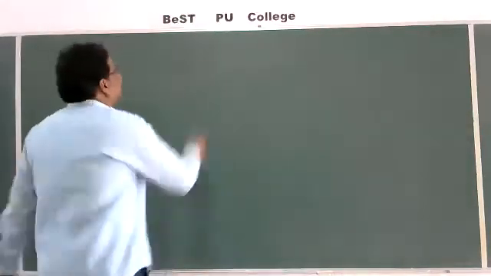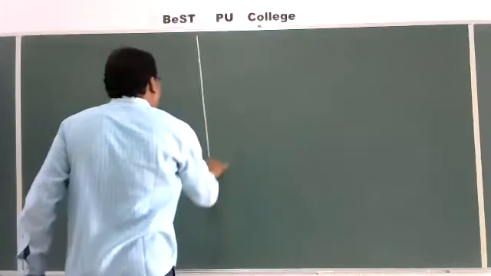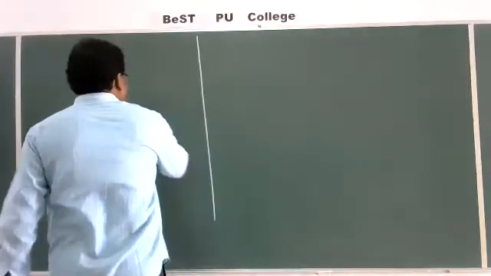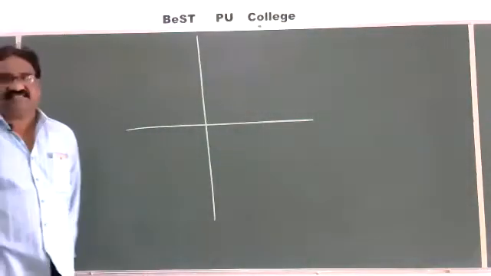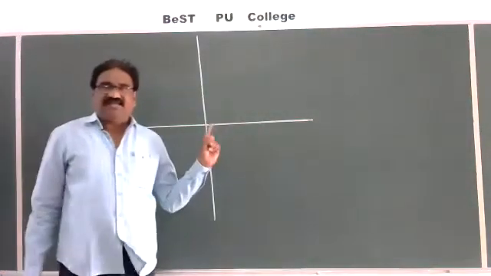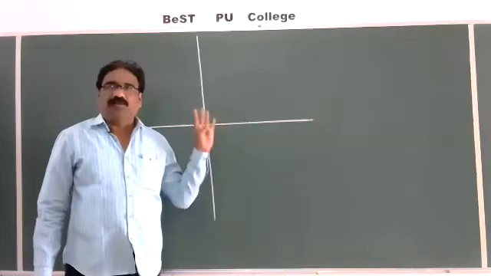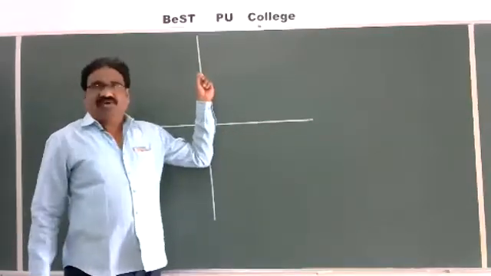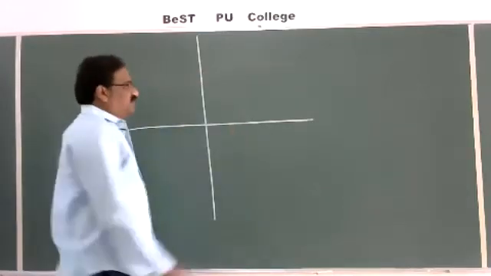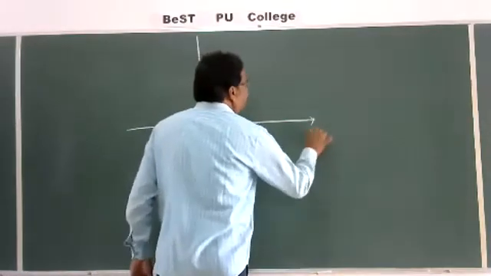You already know this vertical line is called the y-axis and this horizontal line is called the x-axis. Every plane can be divided into 4 parts by using this horizontal line and vertical line.